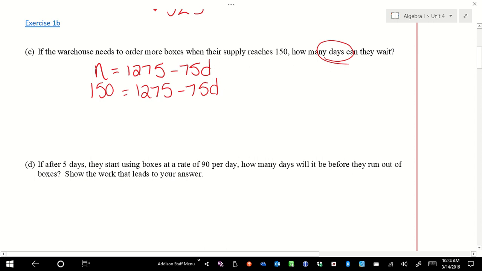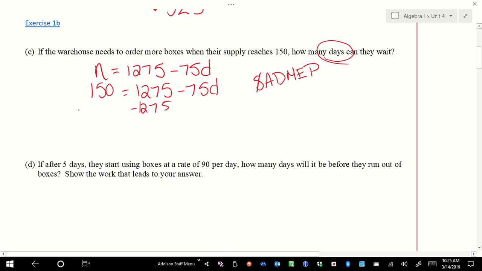Remember SADMAP if you're struggling with solving equations, and what you would get rid of first when you're solving for D. D will remain where it is. We are going to move everything away. Is there any subtraction? No. Is there addition? Yes. Let's get rid of it.